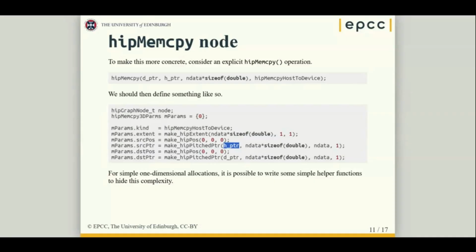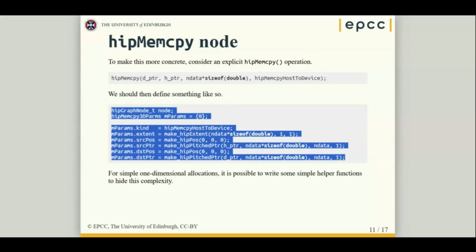You see that the arguments are the pointer, the size, and the number of elements, 1. They say that for one-dimensional allocation, you can write a function that will hide all of this complexity, so it will make the code more readable. But this is what they said, that this line, using graphs, is translated to all of this.